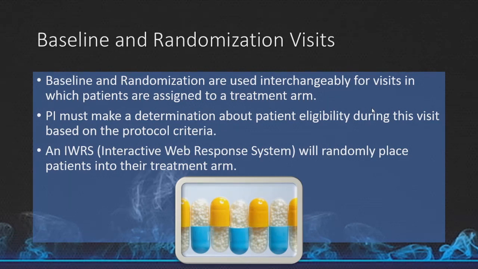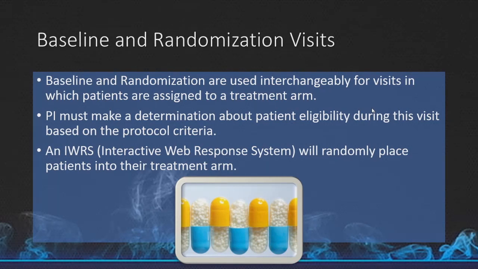The PI must make a determination about patient eligibility during this visit based on protocol criteria. It's essentially, in most studies, just like the screening visit, except you are seeing if they're actually going to be eligible once again, and if they are, you will possibly assign study drug using an IWRS system, most likely.